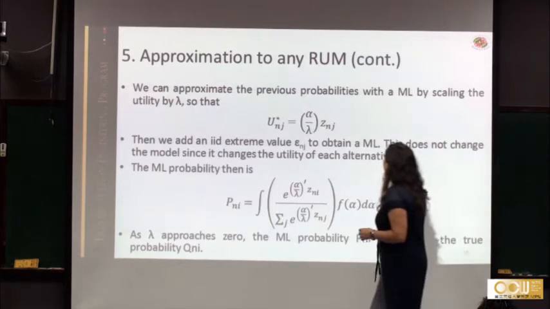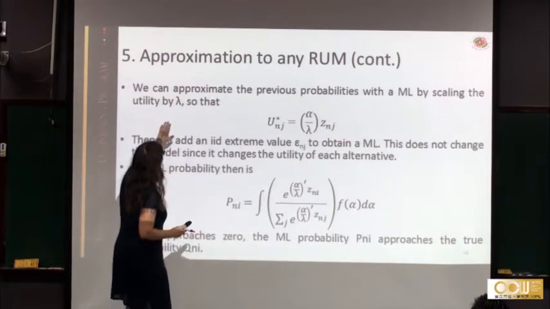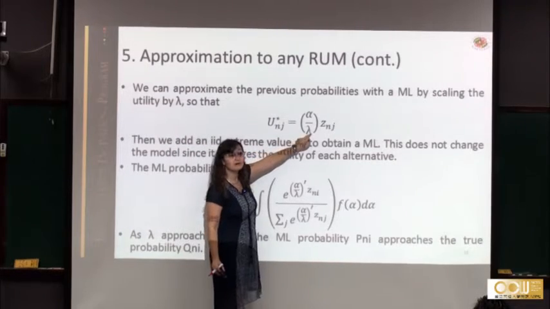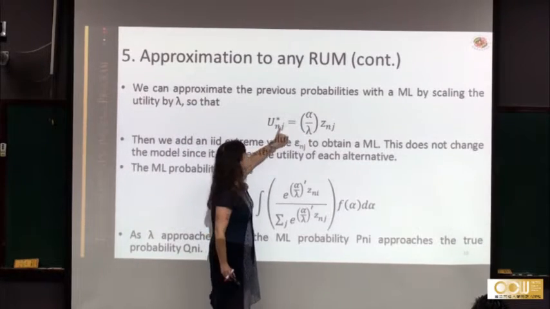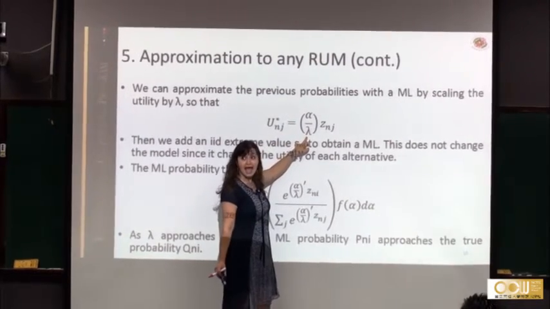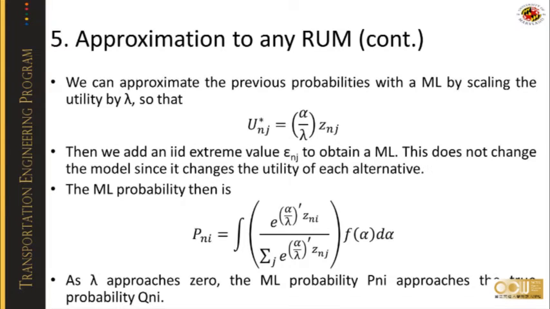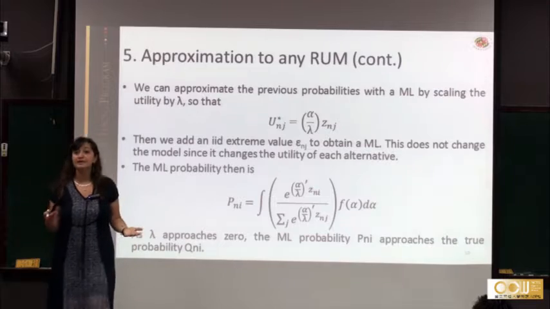We can approximate the previous probability with a mixed logit by scaling the utility by lambda. This is the scale of the model. Remember, we have seen that many times. So the utility can be scaled to approximate any other model. Then we add an IID extreme value epsilon_nj to obtain a mixed logit. This does not change the model since it changes the utility of each alternative.